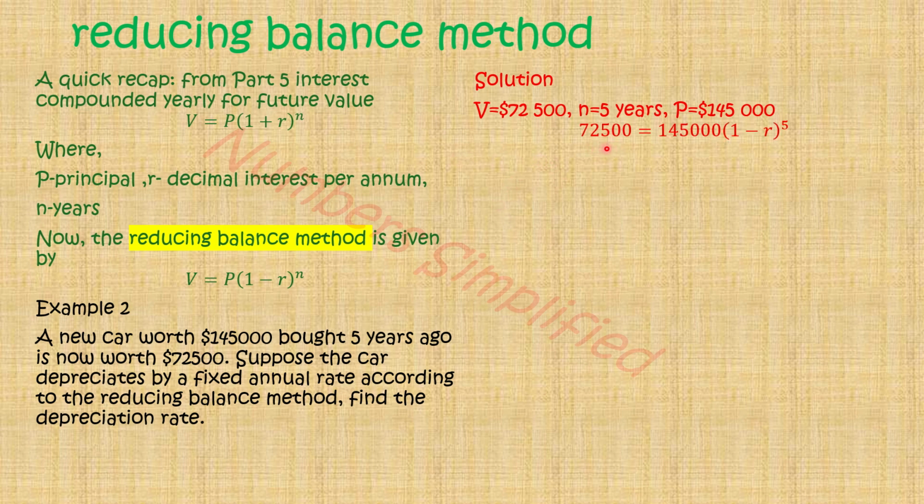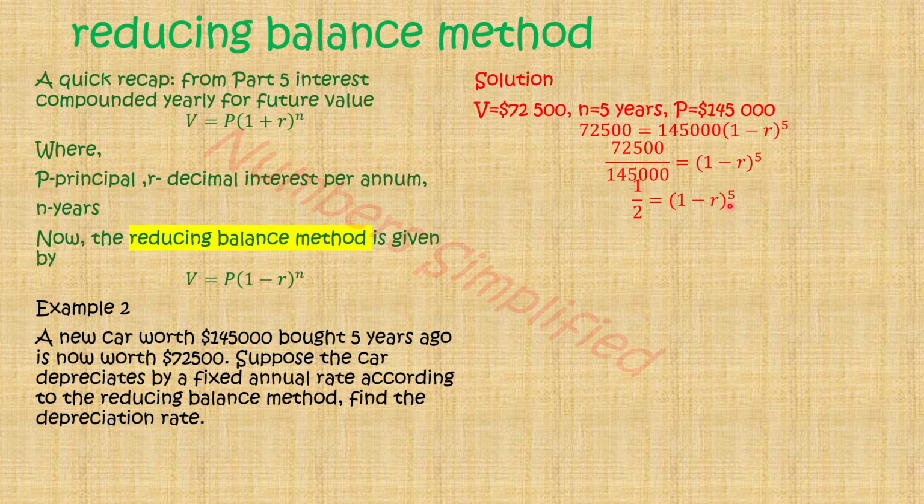We are going to have that. And of course, we can divide throughout by 145,000 so that we have 1 minus R to the power of 5 on the right hand side. And we see that when we divide those two, we are going to get a half. So half is equal to 1 minus R raised to the power 5.